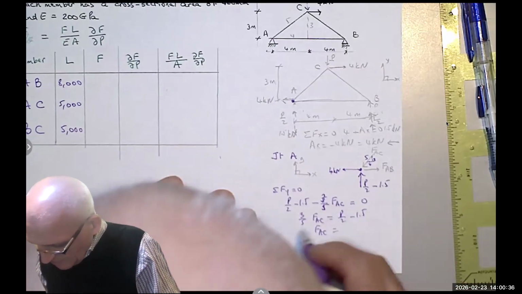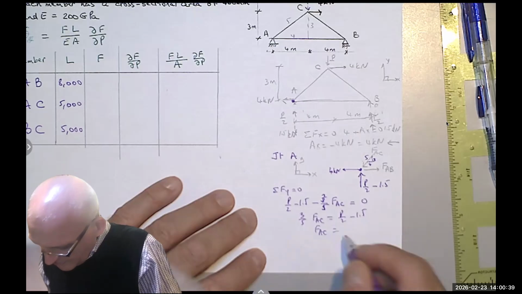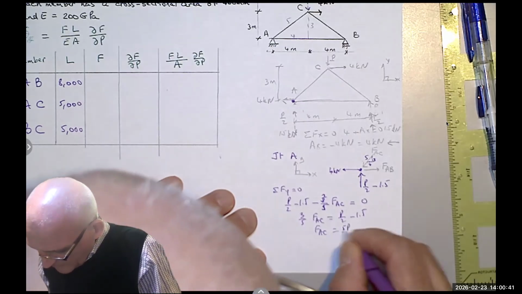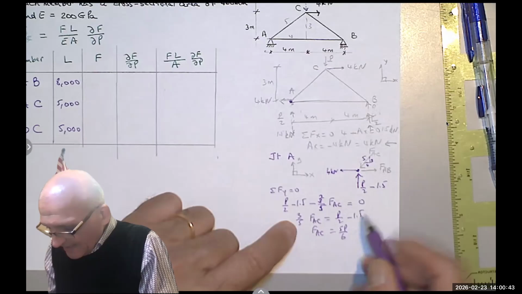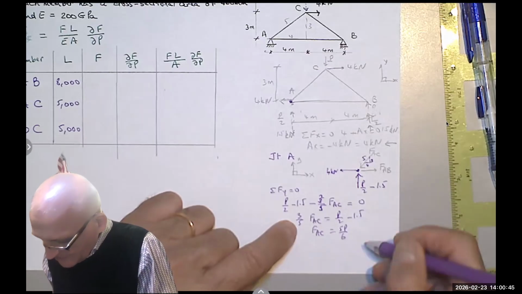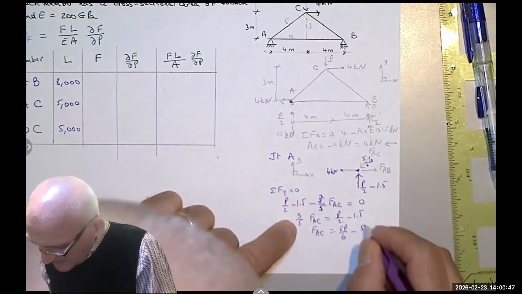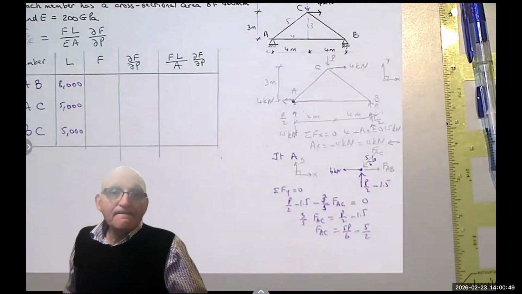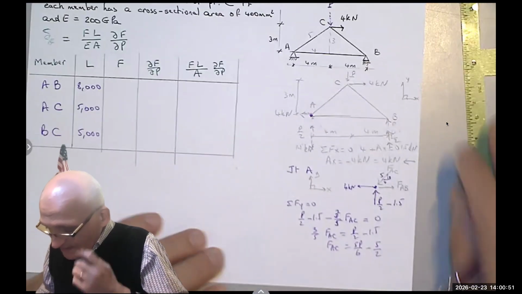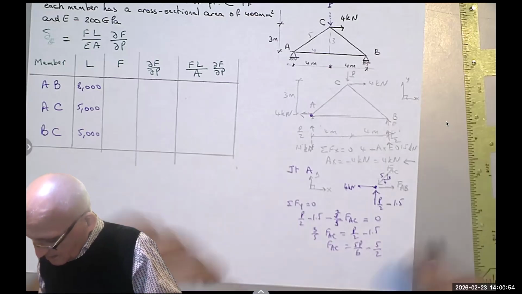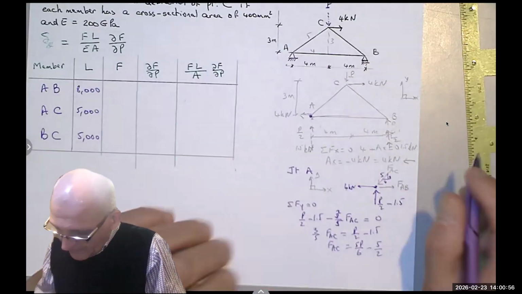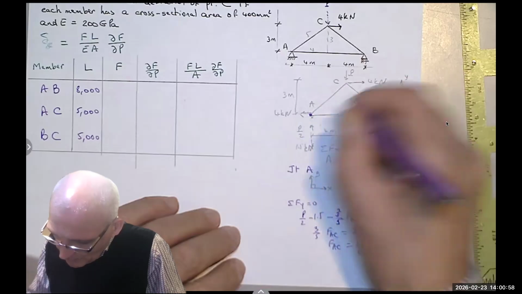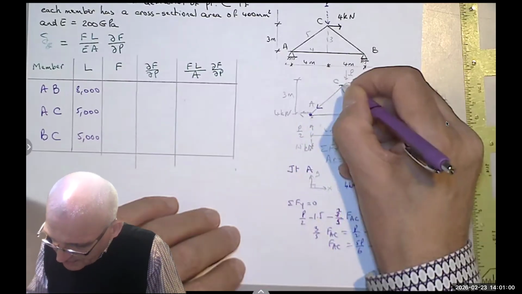When you multiply P over 2 by 5/3, you will get 5P over 6. And when you multiply 3/2 by 5/3, you get 5/2 kilonewton, right?